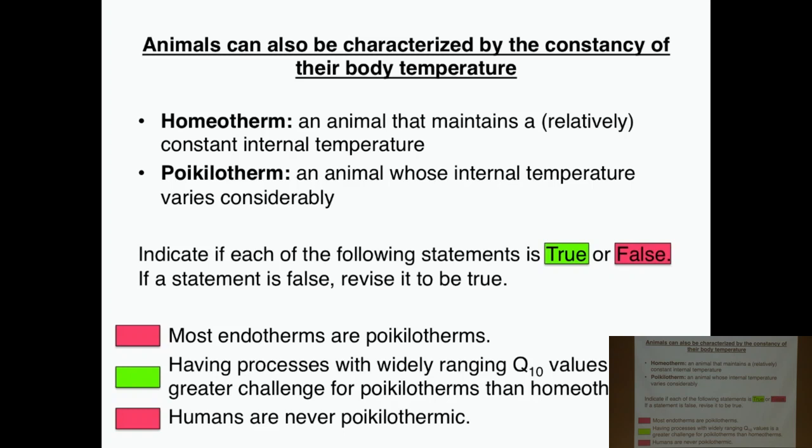There's also a poikilothermic period after paradoxical sleep onset in humans, a brief period of time where temperature regulation is much less tight. So humans can exhibit poikilothermic characteristics, but for the most part, we are homeotherms.